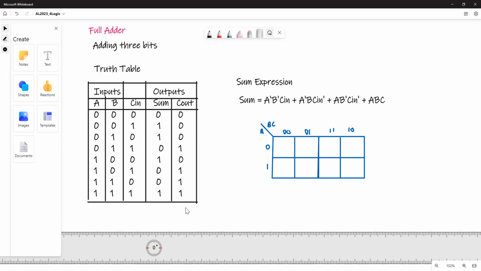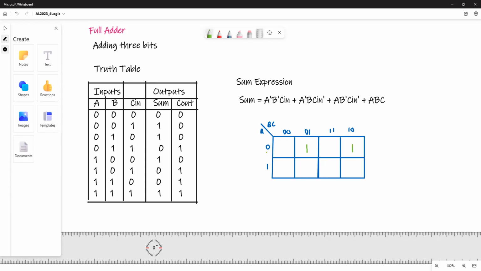Right. If I try to draw this, we know what is A dash. Let me take a different color. So what we have is A dash B dash C, this is one. Then A dash B C dash, this is one.